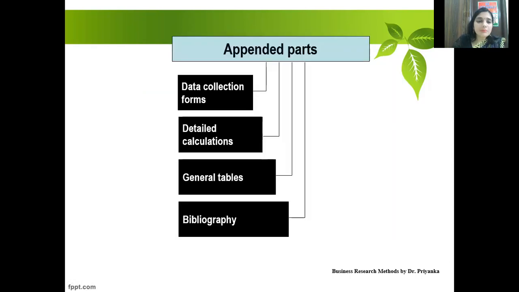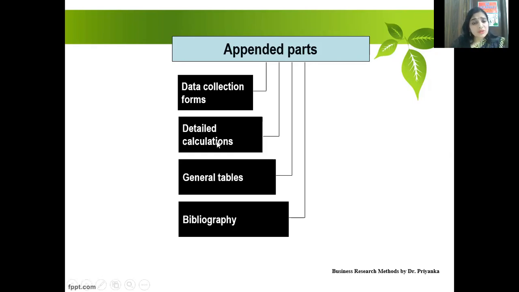Then there are the appended parts. For example, if you want to provide how you collected the data, you will be providing a questionnaire. So you will not be providing that questionnaire in the middle of the report. You will be providing that questionnaire in the last appended parts. Then detailed calculations, if you have to provide, then you can provide them in the end. Some technical tables are there, which are not for everyone. These can be provided in the end.